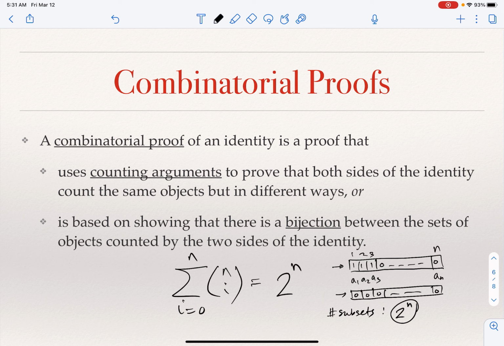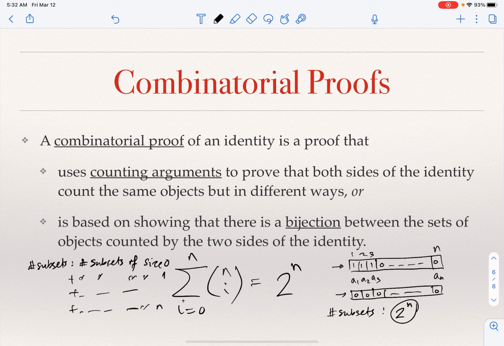But another way to approach the problem, I can say the number of subsets is the number of subsets of size 0, plus the number of subsets of size 1, and so on, all the way to size n.